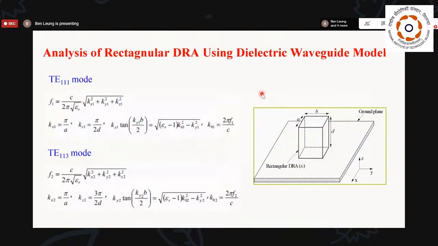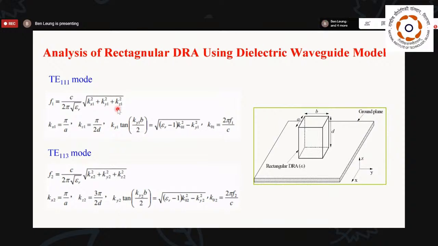Now to analyze the rectangular DRA, we can use the dielectric waveguide model. For the TE111 mode, the resonant frequency can be calculated by using this formula with KY1 solved by this transcendental equation.